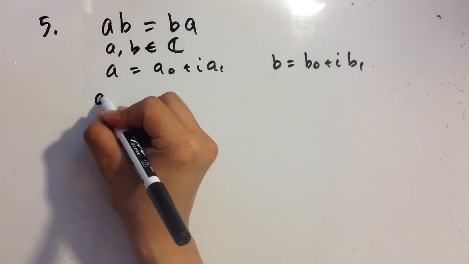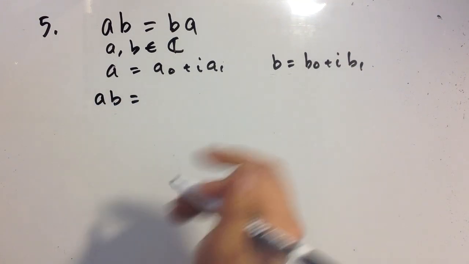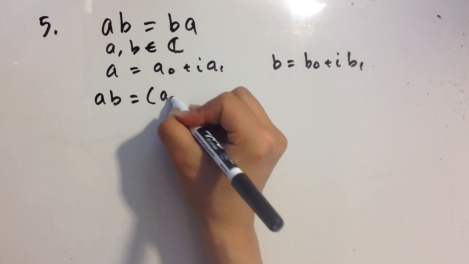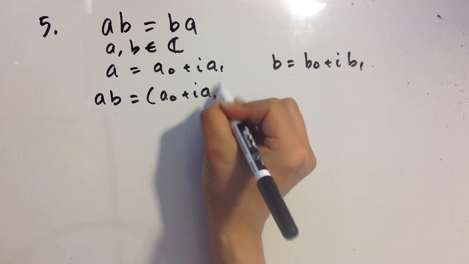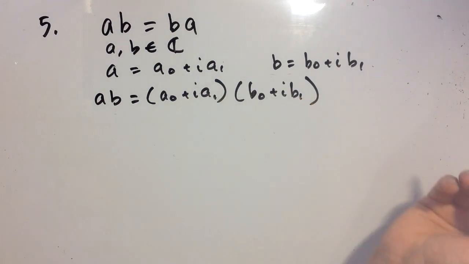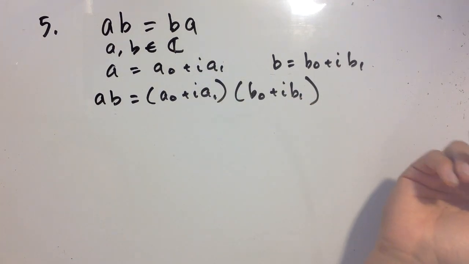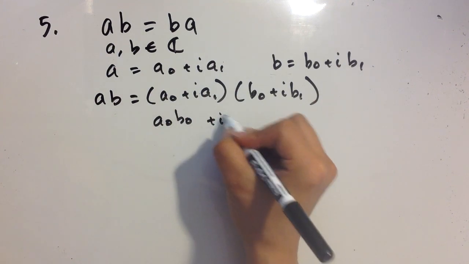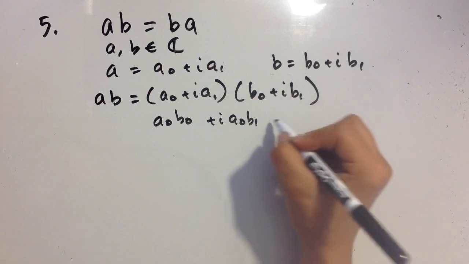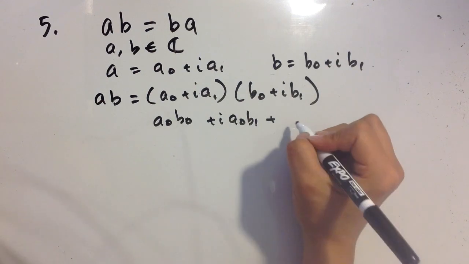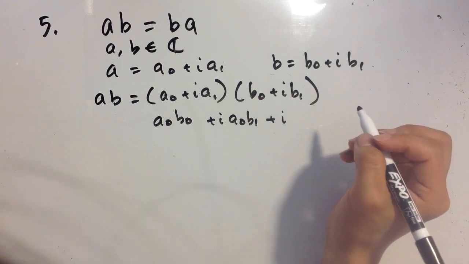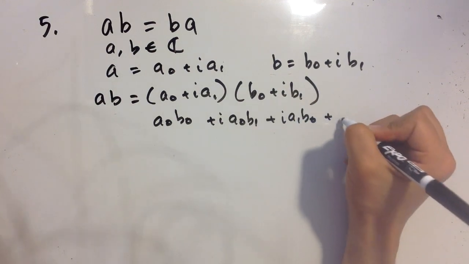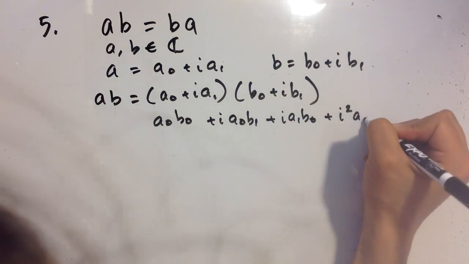So in this case, we just plug it in and carry on the multiplication. We want to multiply these numbers through to get a naught b naught plus i a naught b1 plus i a1 b naught plus i squared a1 b1.